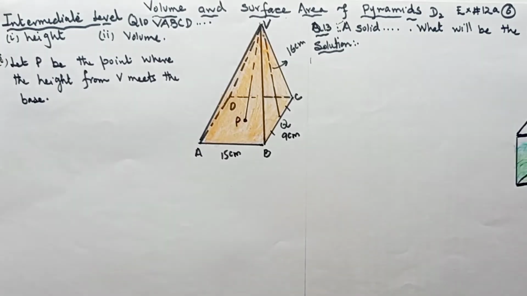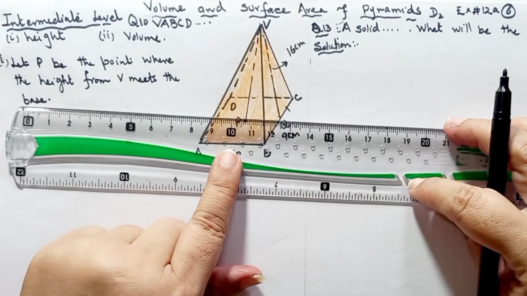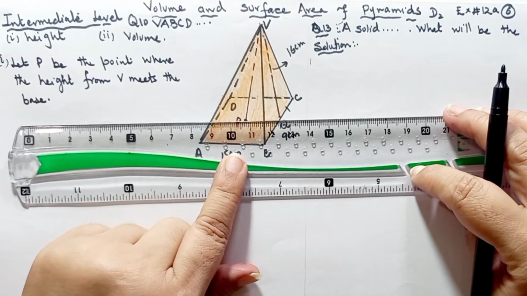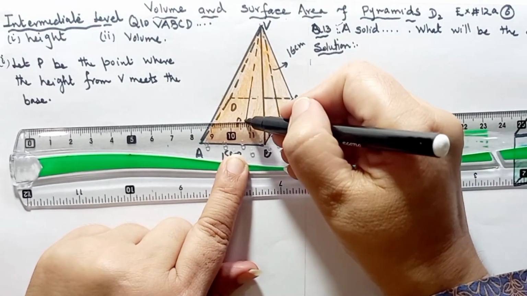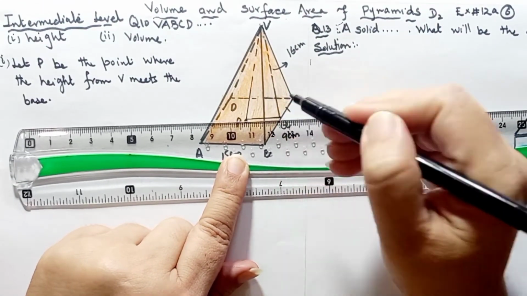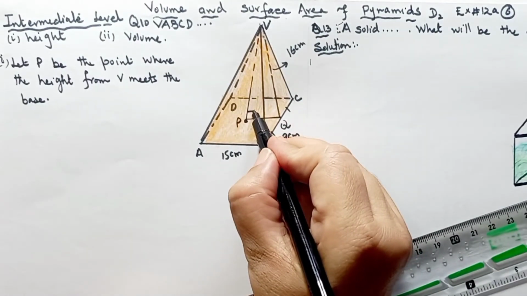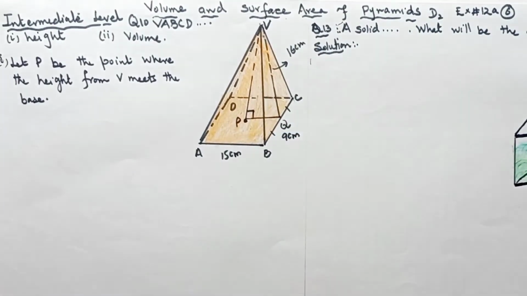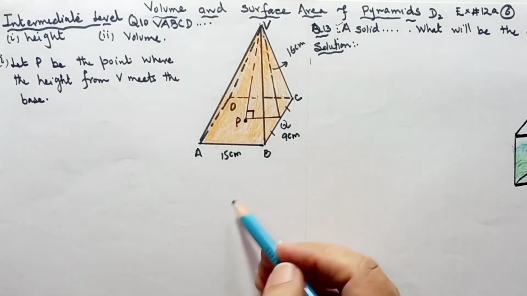In order to find this height, we have to draw a line here and join. As we know this is a 90-degree angle at this place, and for better understanding for my students, let me draw the figure at a separate place.